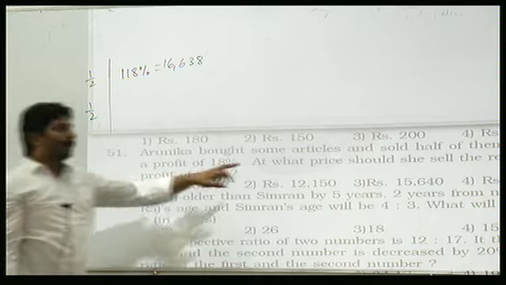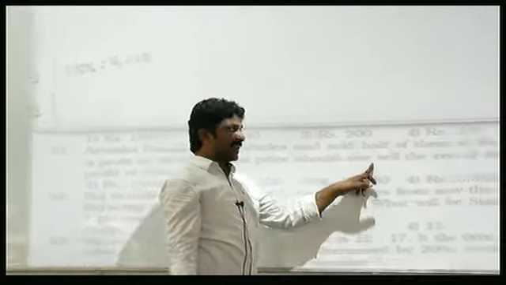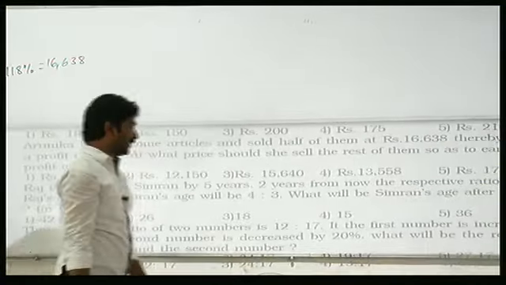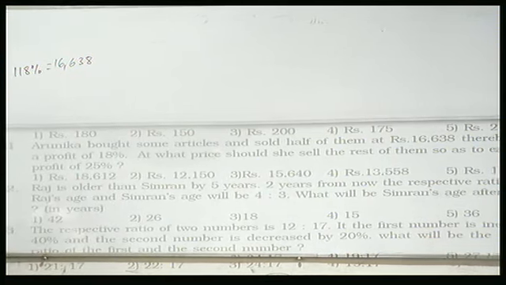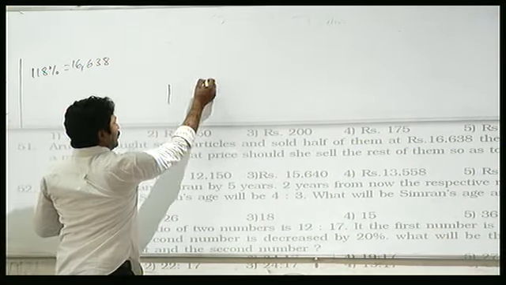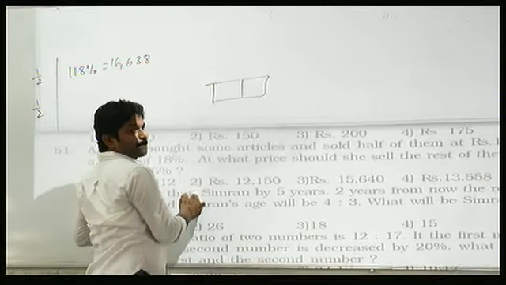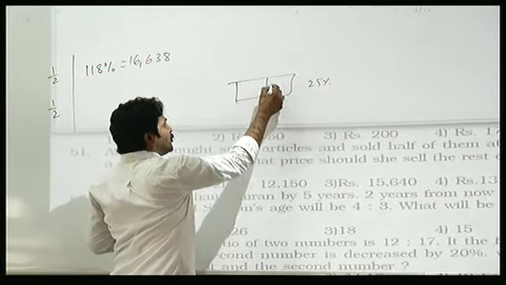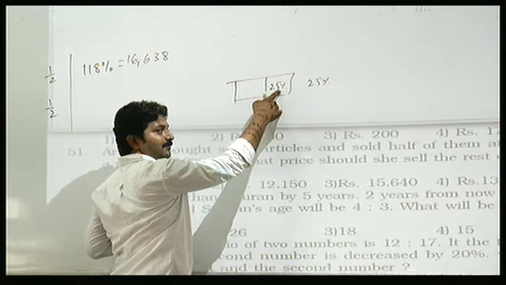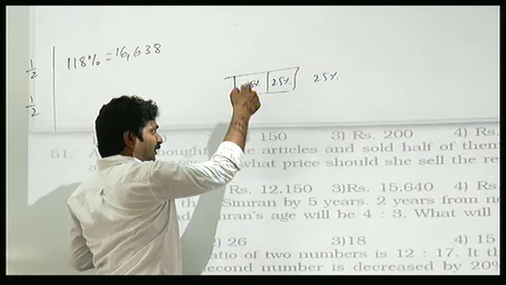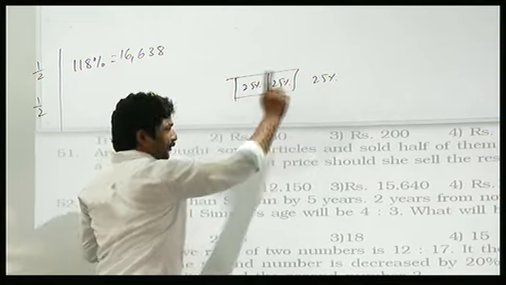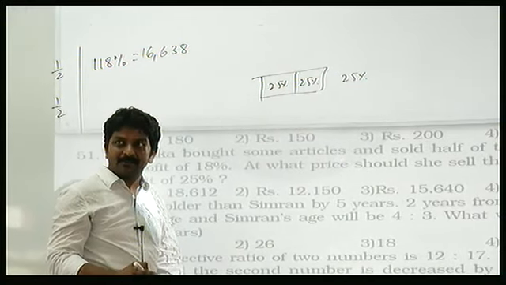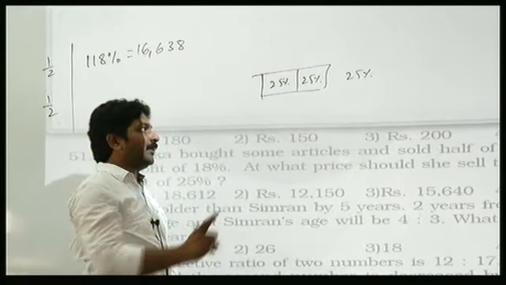As we have equal quantity here, you don't need to worry about it. Now, at what price should she sell the rest of them so he has to earn a total profit of 25%? So you have two parts here. Overall you are expecting 25% profit. So if you get 25% on this item and 25% profit on this item, that will be equal to 25% of the total. Yes or no? Clear everyone? Right.